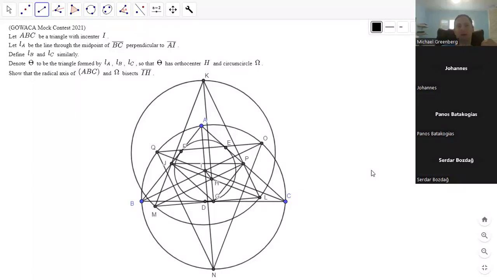We know the sides are mutually parallel because QO is perpendicular to AI, since AQIO is a kite. And ML is perpendicular to AI because it's perpendicular to KG, which is parallel to AI. Actually, by definition, ML is perpendicular to AI. So we know the sides are mutually parallel, but we just have to show they are the same length.